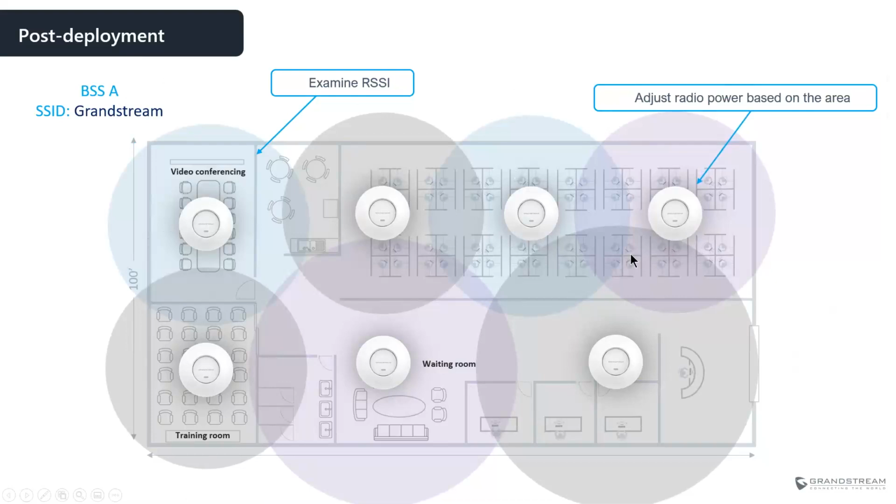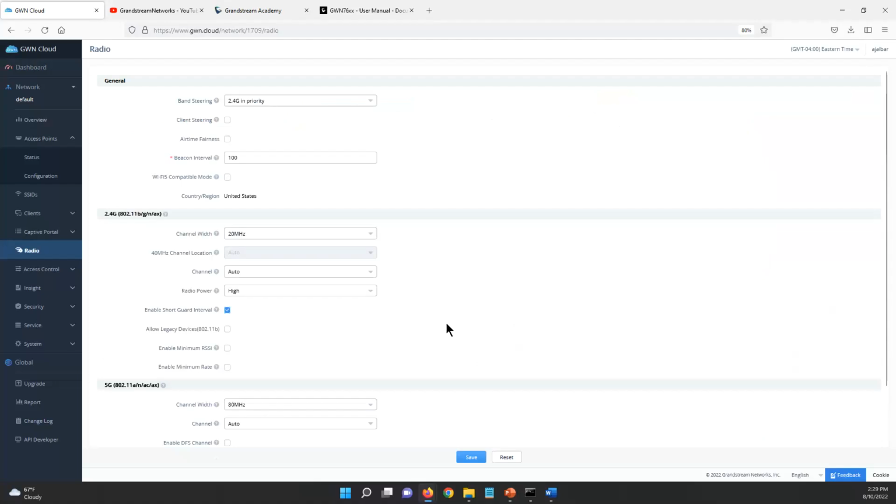So that's something that you want to check when you adjust your radio power. So let's go back to our configuration. Now that we explained that radio power in most deployments needs to be changed, you need to change the value.